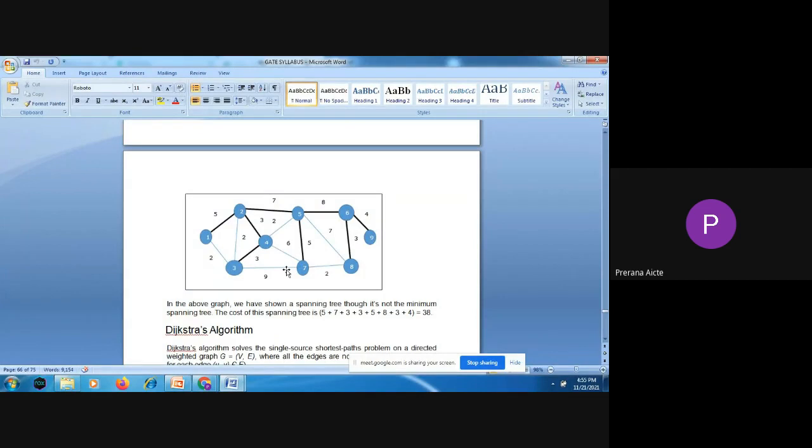If any edge inclusion forms a cycle in the spanning tree, you have to reject that edge. Like that, you include edges in the spanning tree until it contains n minus 1 edges.